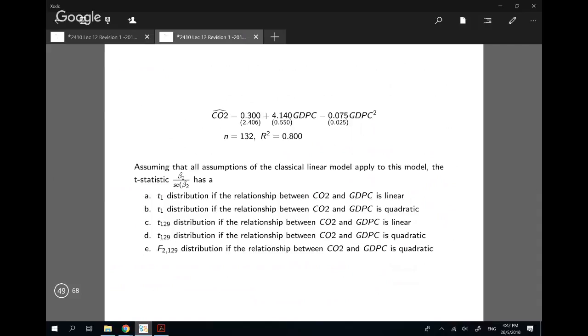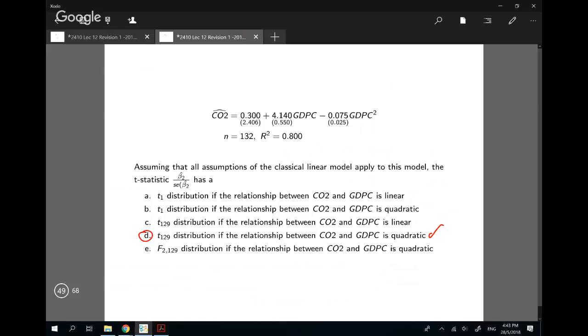This is a good question. You answer first, then I explain. D. The t statistic has a t distribution with 129 degrees of freedom if the relationship between CO2 and GDP is quadratic.